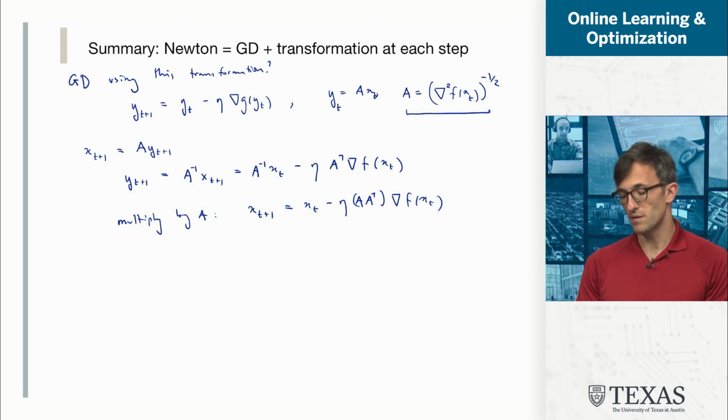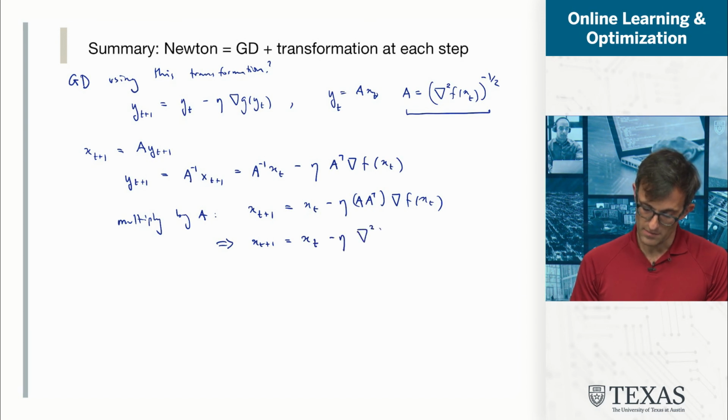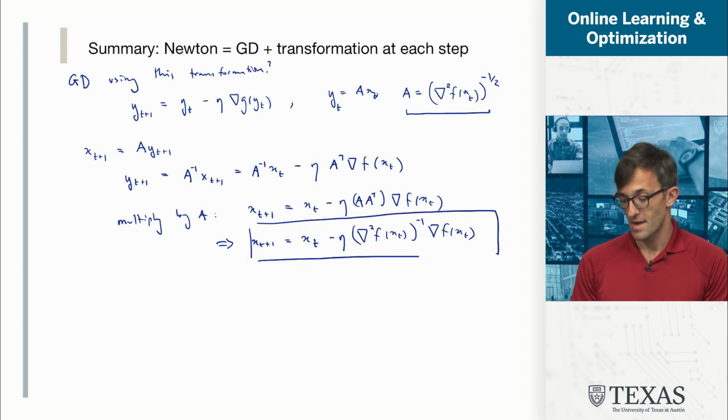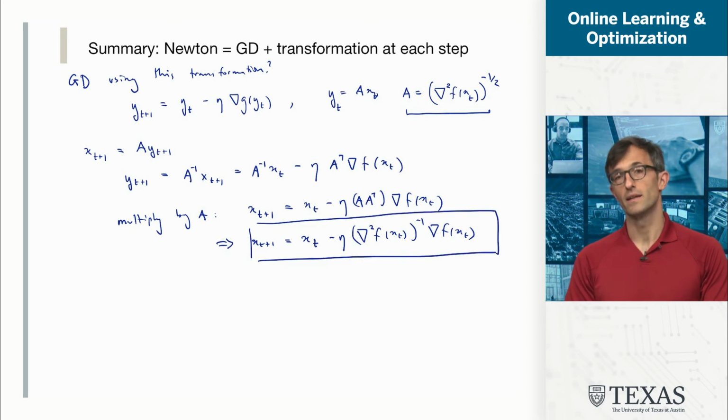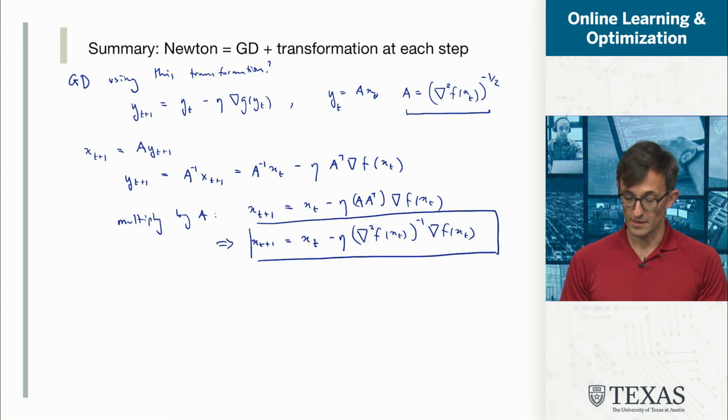If A is equal to the inverse square root, then A times A is just going to be equal to the inverse. So x t plus 1 is equal to x t minus eta times the inverse of the Hessian times the gradient of f of x t. And this is exactly the same as Newton's method, damped if eta is less than 1, undamped if eta is equal to 1. So this is, again, just our Newton's method algorithm.